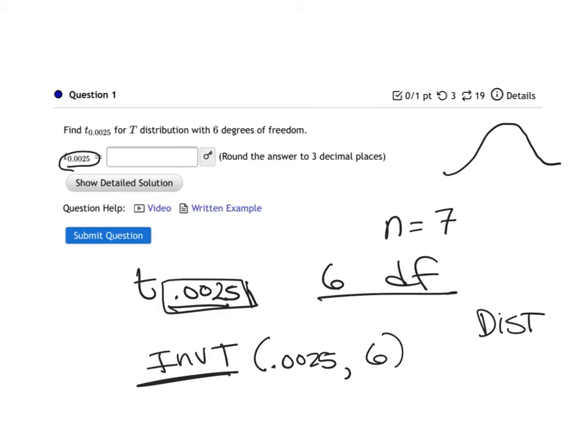So even though they give you 0.0025, that obviously is going to give you a negative value. There's another value up here, this alpha over 2, that also has 0.0025 in this tail, and they're looking for this positive value right here. So your answer is not going to be negative. They're symmetric, so if you put 0.0025 in, then you'll get the correct answer there.